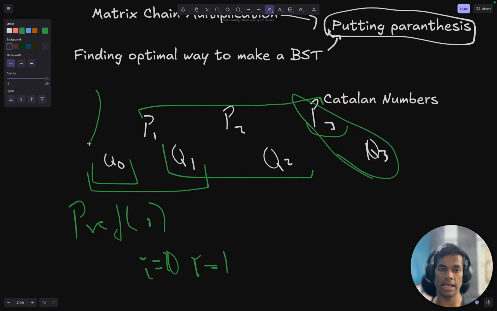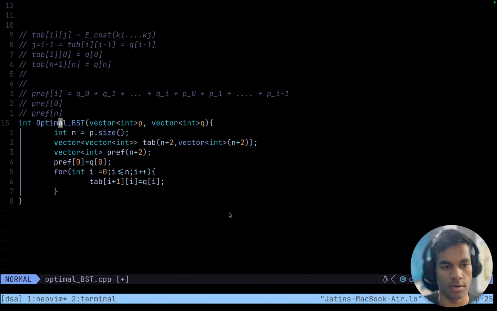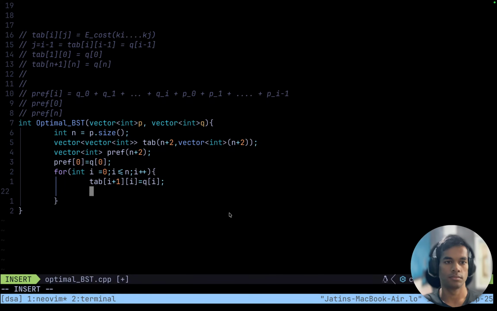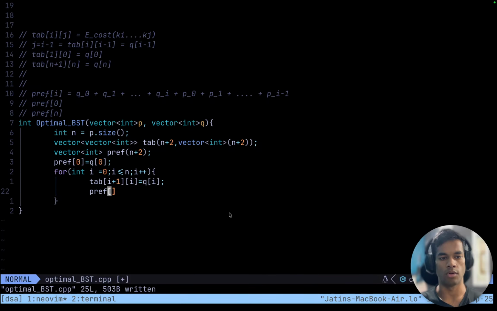I will subtract all the sums till this point and I will add this part to get me the correct answer, and that is pref. I think we can initialize pref 0 before. Yep. Pref 0 equals q 0, which we have already initialized.